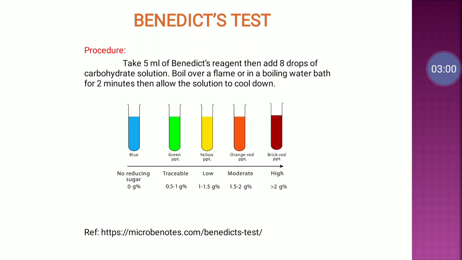The gradation of color basically depends upon the percentage of sugar. If there is a green color, the content of reducing sugar is very low. If it is a brick red color, the content of reducing sugar is very high. So this is one of the characteristic tests for determination of reducing sugar.